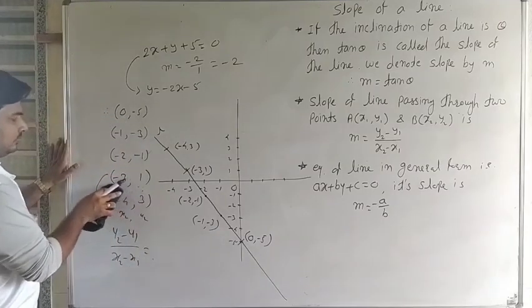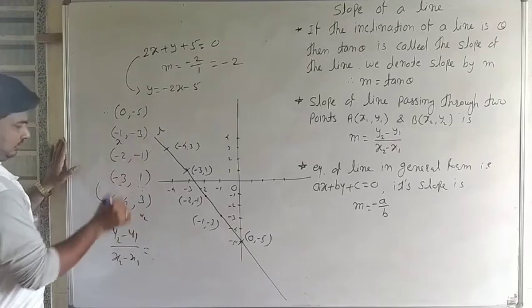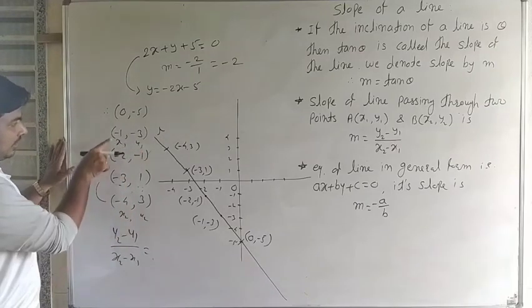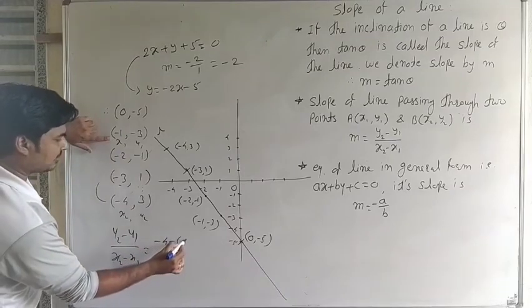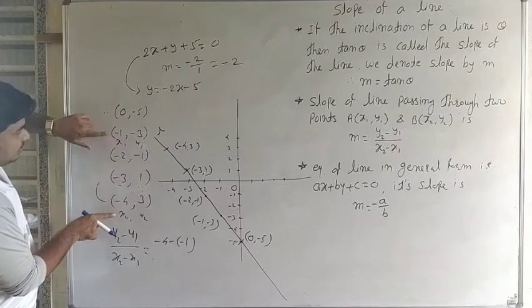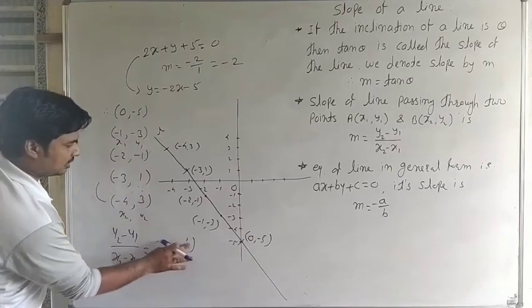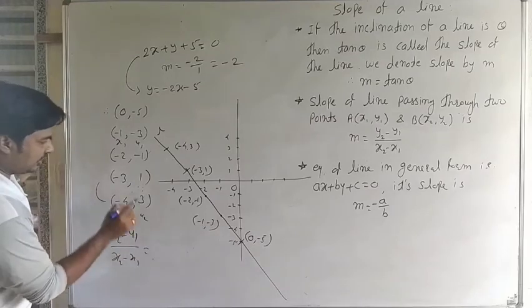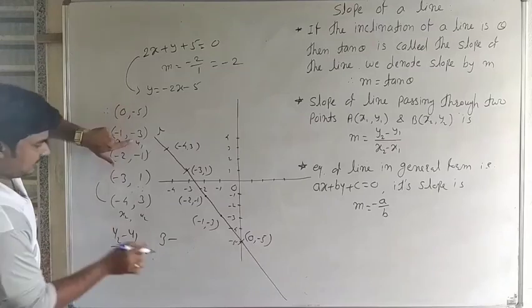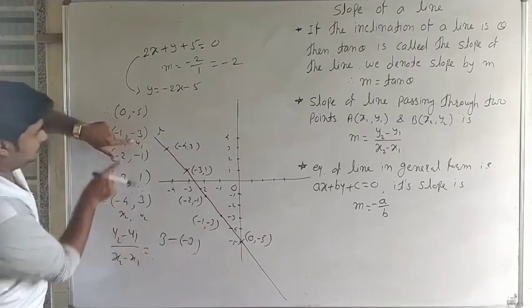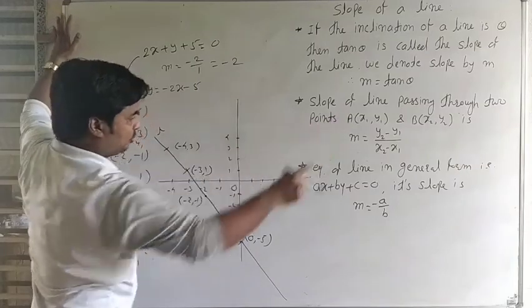Now we take x1, y1 and x2, y2. Therefore y2 minus y1, y2 is 3, minus -3, the point -1, -3, x1 comma y1 and x2 comma y2.